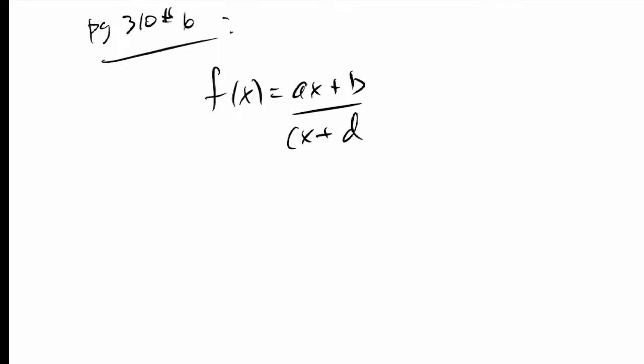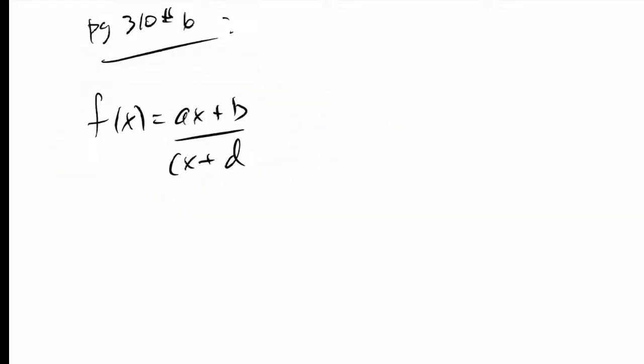Okay, so in this question it says, how can you determine the equations of all vertical and horizontal asymptotes without graphing the function? All right. So they give you this rational function, ax plus b over cx plus d, and they just ask you what the vertical and horizontal asymptotes are.